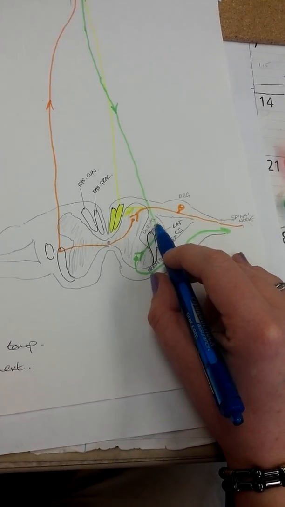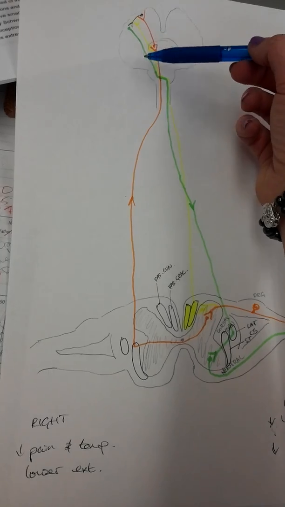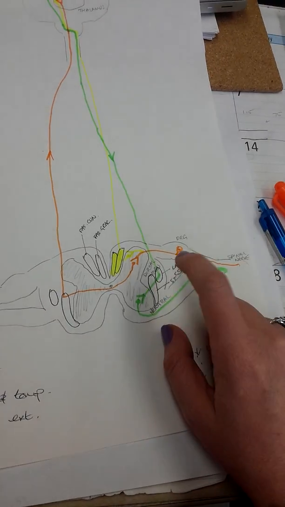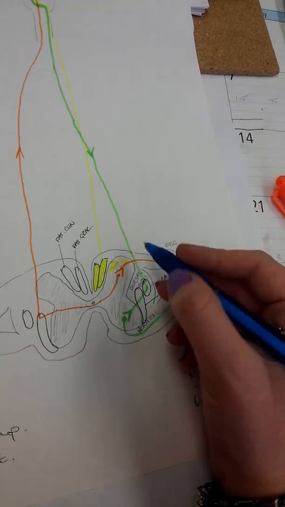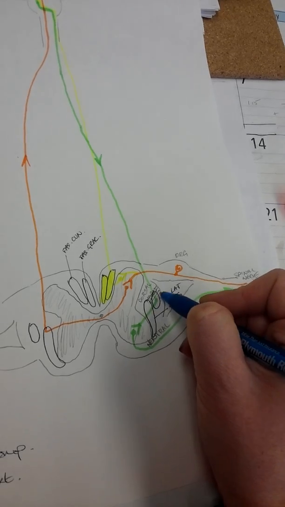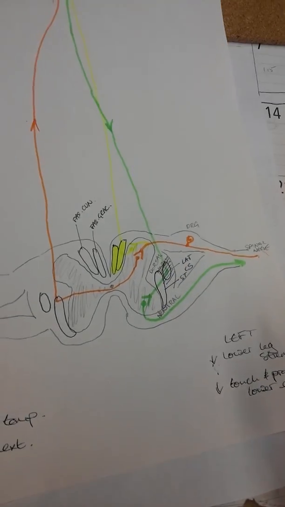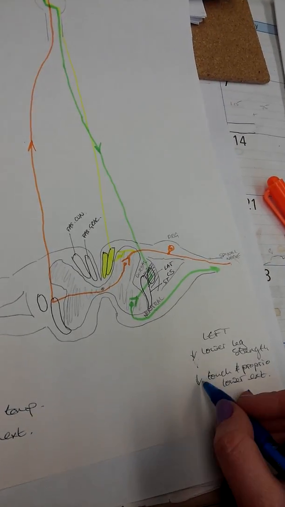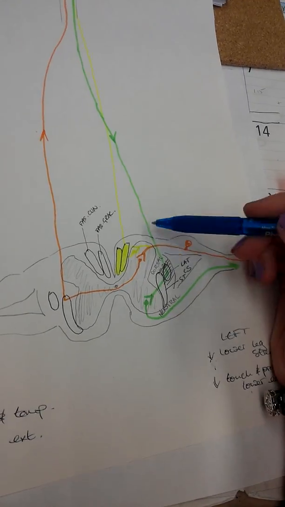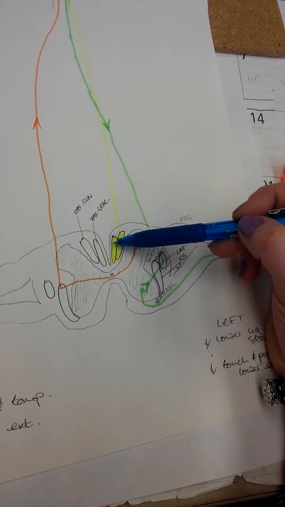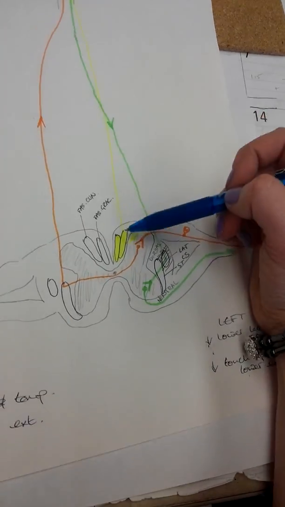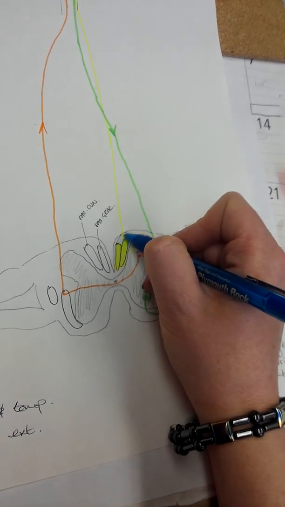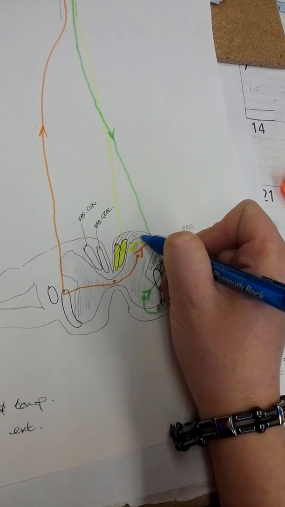Now, if we look at this pathway, we know that it decussates in the medulla oblongata. It tells us that this lateral corticospinal tract is the one that is injured. So we know it's left-hand side, and we know that it's the lateral corticospinal tract. If we look at our touch and proprioception, then we know that the cuneatus and gracilis, again, because it's represented on the ipsilateral side, we know that these are affected.